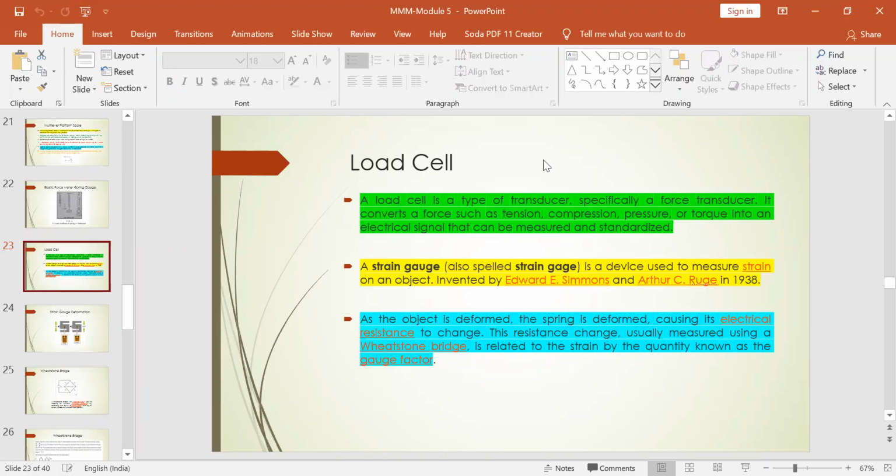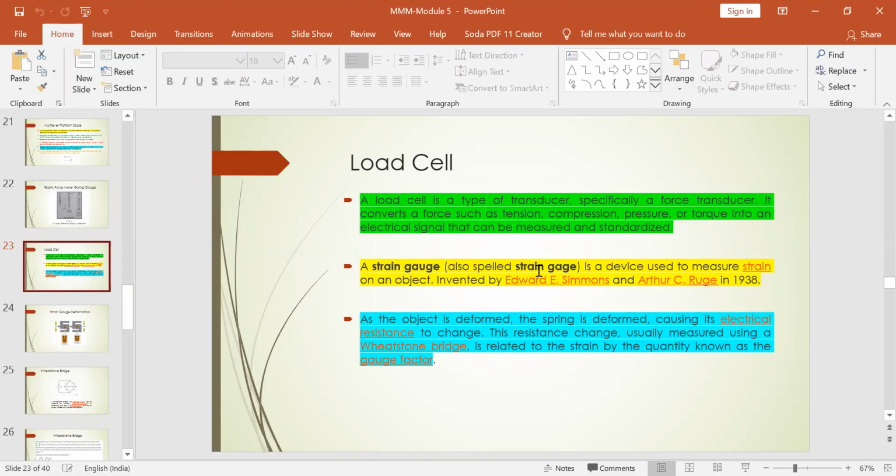All the load cells come into the family of transducers, specifically force transducers, because it converts a force, which could be tensional force, compression, pressure or torque, into an electrical signal which could be measured and standardized, and hence this is the application of the load cell. It uses the force in any means and converts that into an electrical signal, which could be easily measured. This is the main application of the load cell.